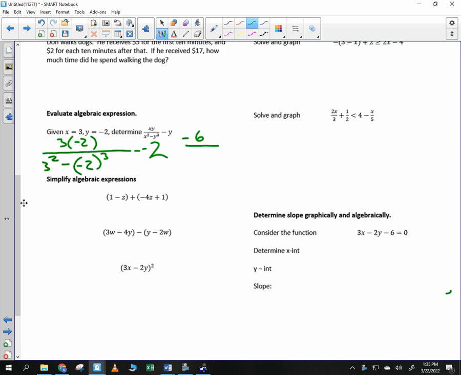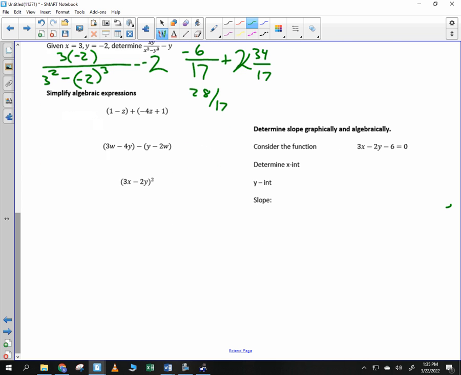What's 9 plus 8? 17 plus 2. And so I'm going to make common denominators. So 34 over 17. And you get 28 over 17. So be ready for order of operations.